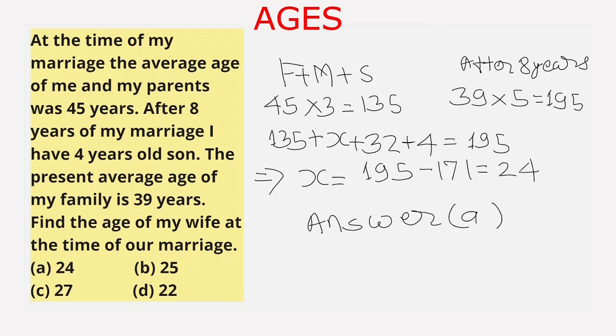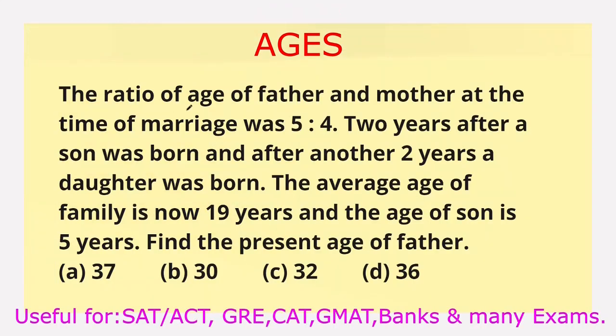We go to the next question. The ratio of age of father and mother at the time of marriage was 5:4. 2 years after, a son was born, and after another 2 years, a daughter was born.